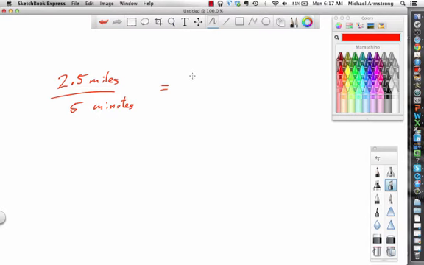Now I might want to double this one, just because I want it to be something that makes a little more sense, and I don't like to have my fraction here in a decimal form, so I change it to 5 miles in 10 minutes.